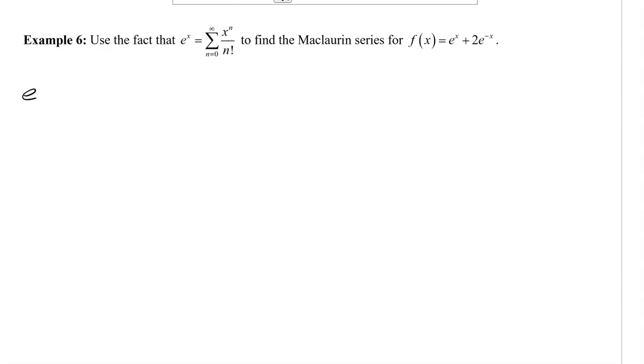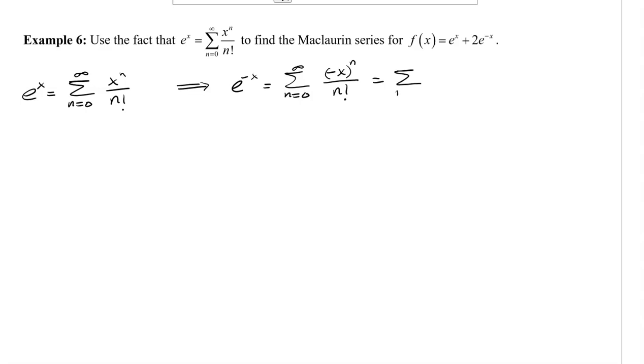So since we have that e to the x is equal to this power series, that implies that e to the negative x is going to be exactly the same, except we're going to replace negative x for x in the numerator like that, which can be rewritten this way.